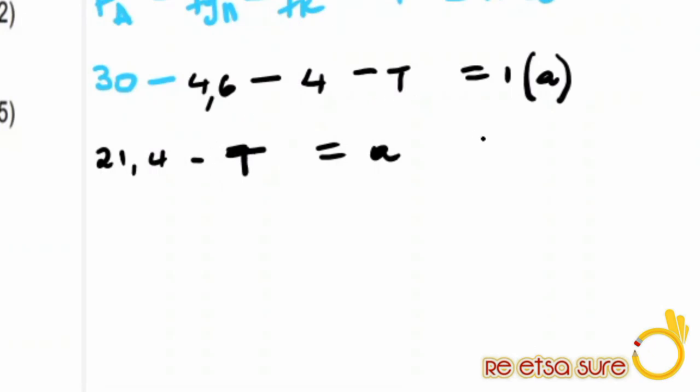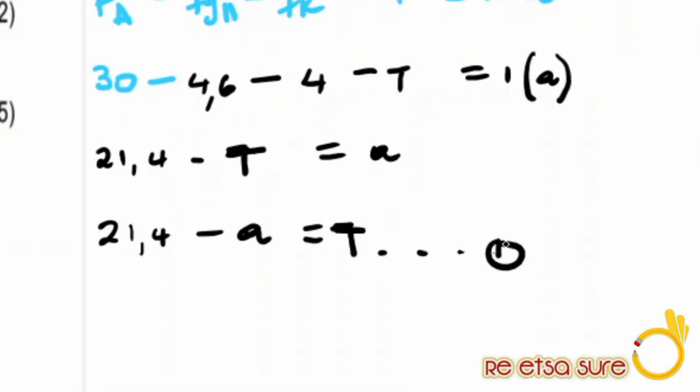Let me transpose T to this side and take A to this side. Then I'm going to have 21,4 minus A is equal to T. This is my equation number 1.